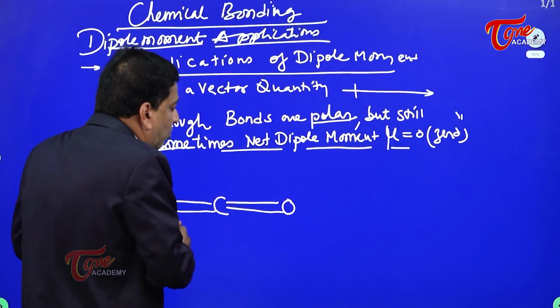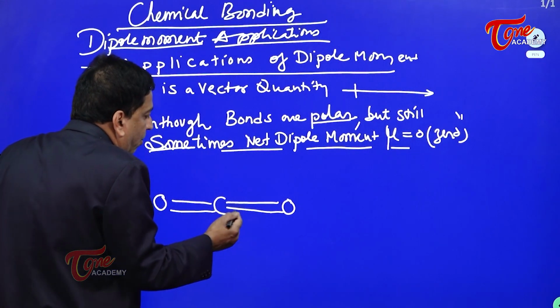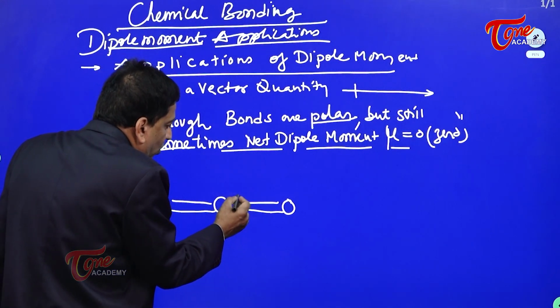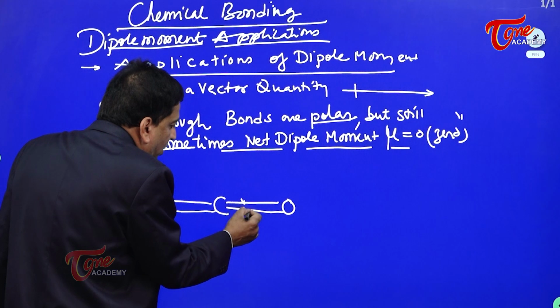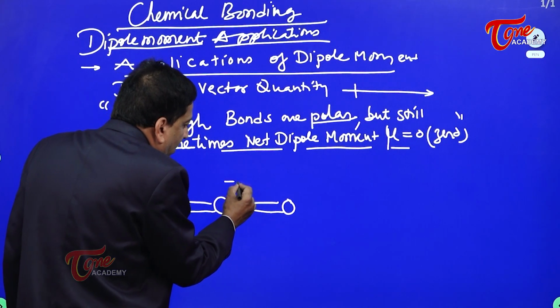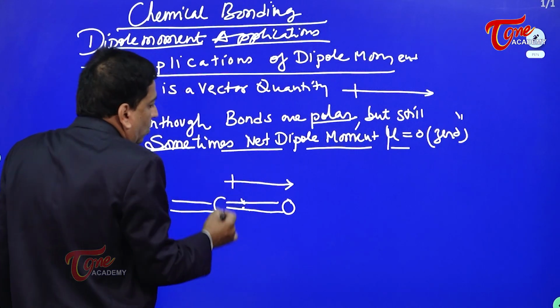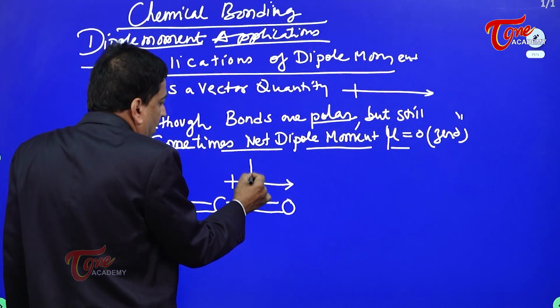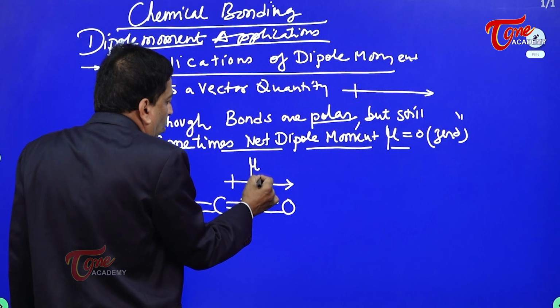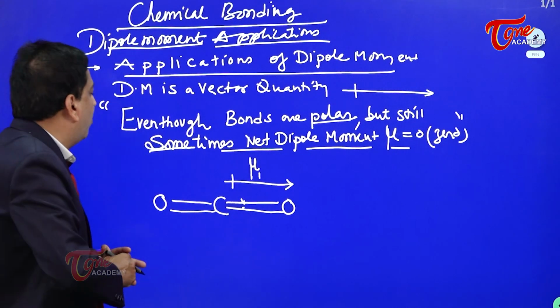So if oxygen is more electronegative, let me point out the dipole moment vector now. The bond pairs present here are pulled by this oxygen. So this is the dipole moment, mu1, one of the dipole moments.